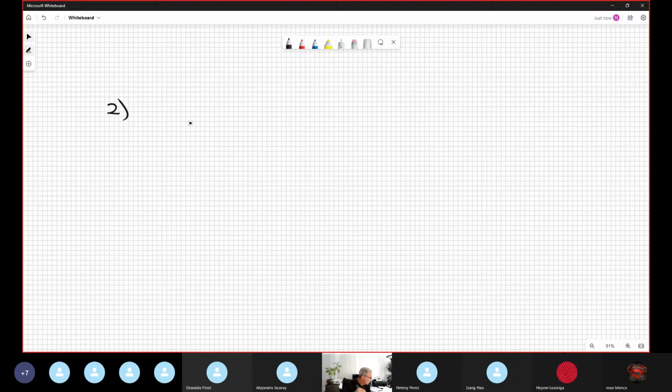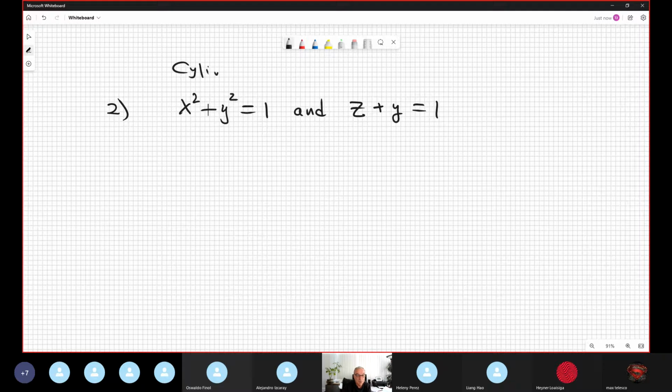Question number 2 says: using a double integral, find the volume of the region bounded by the cylinder x squared plus y squared equals 1 and the plane x plus y equals 1. It's a cylinder and a plane. Make sense, right?